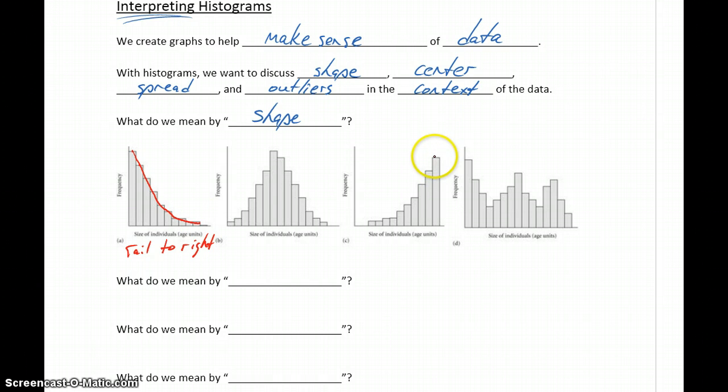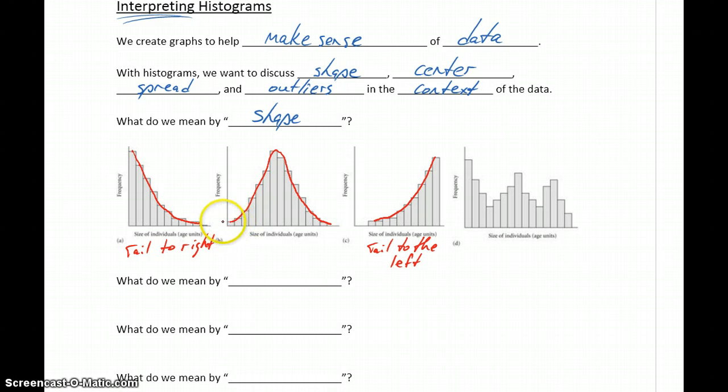Versus if we look at this third graph, we have exactly the opposite thing happening. So here we have the tail headed to the left. And in this graph, what we see is a graph that would curve up and then curve back down.